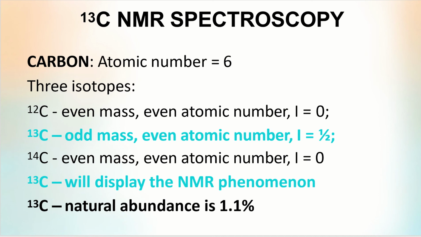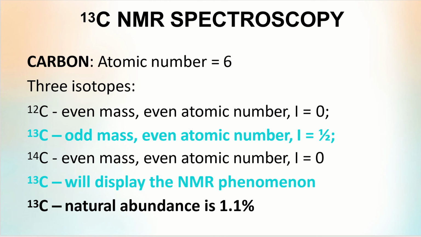So as we know, the atomic number of carbon is 6, and the three isotopes that you possibly are familiar with, probably most familiar with carbon-12, but we have carbon-13 as well as carbon-14. So we know that carbon-12 and 14 have no spin because they have even mass number, even atomic number.